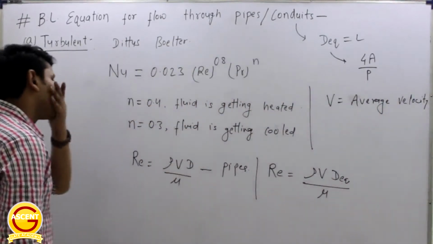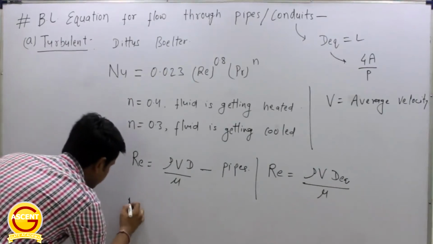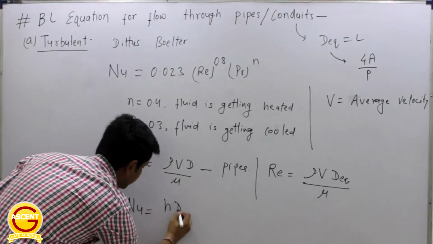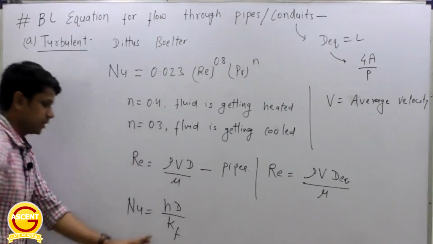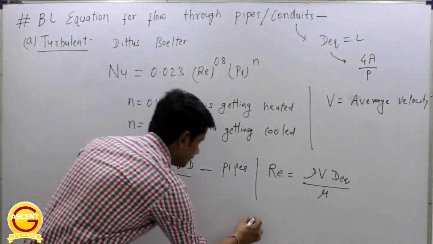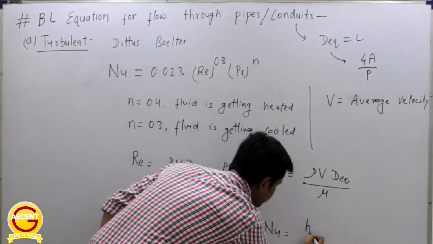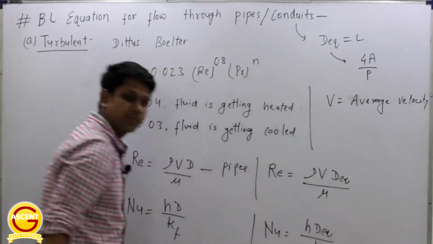And what will be the formula of the Nusselt number? In case of pipes, the Nusselt number will be h into D divided by k, where k is the thermal conductivity of the fluid. For conduits the Nusselt number will be h into D equivalent divided by k fluid.